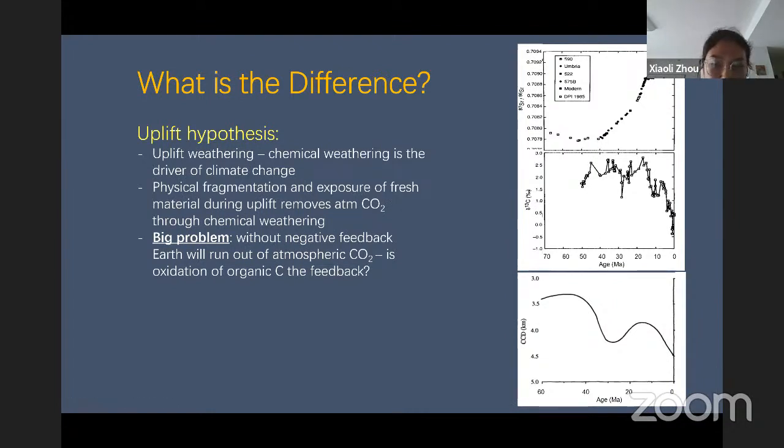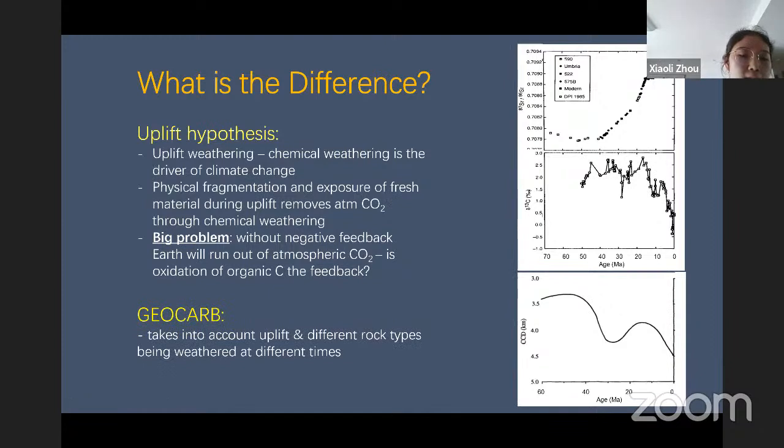And so the second hypothesis was the BLAG or the GEOCARB model. In this hypothesis, there is a negative feedback loop, and it also takes into account the weathering of different rock types at different times.